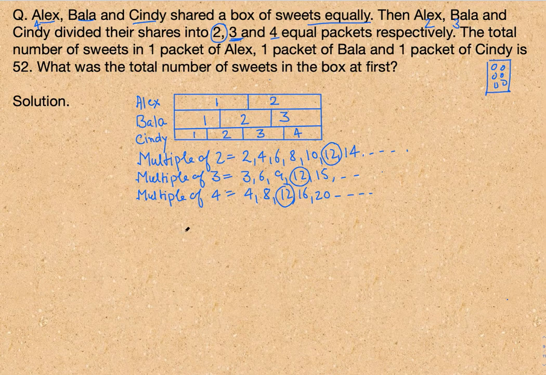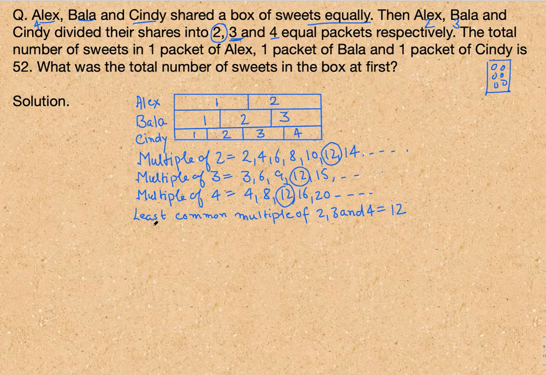So let's write it. The least common multiple of 2, 3 and 4 is 12, right?